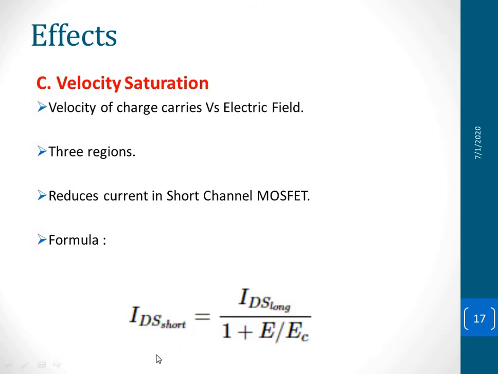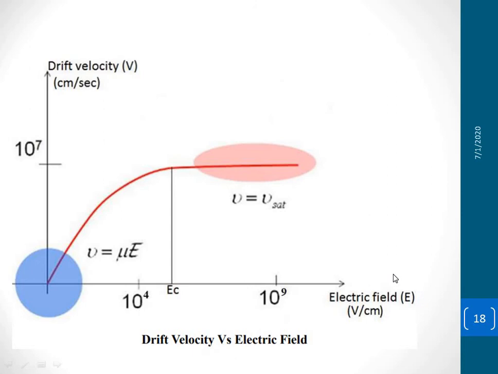So the short channel current IDS short is IDS long, which was the drain current before scaling, divided by 1 plus E by EC, where E is the electric field and EC is the electric field after scaling. So here you can see the electric field on the x-axis and drift velocity on the y-axis.